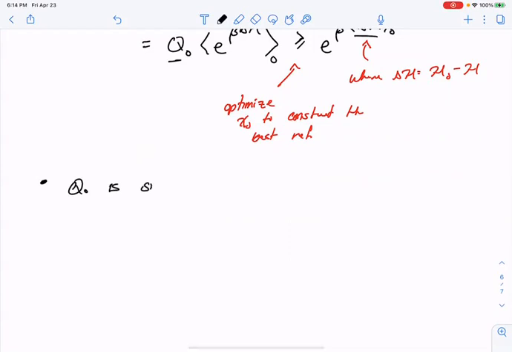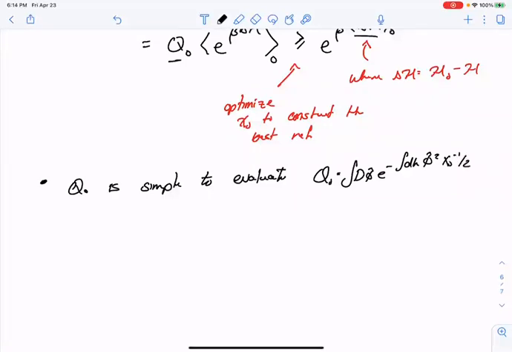So Q0 is simple to evaluate. It's a path integral over a Gaussian field. Those are all uncorrelated Gaussian variables associated with each mode K. We know that this is going to be equal to a product of square root of 2 pi over chi-naught inverse.